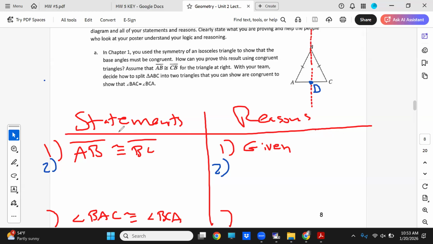Actually, before we even do that, let's state that BD bisects AC, because you're told to do that, right? Split into two triangles. So say BD bisects AC, and that'll be given also. That should be given to you because you're providing that, right?